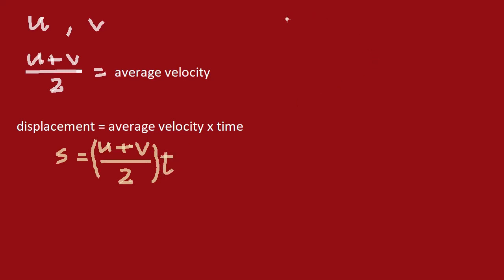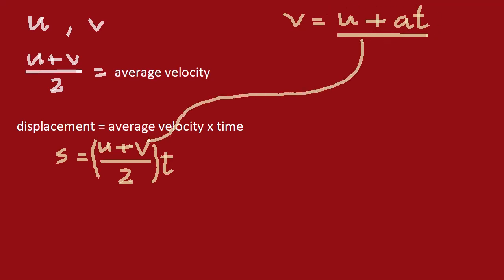Now from the first equation of motion we have v equal to u plus at. From this expression we can use the value of v, that is u plus at, in place of v over here.